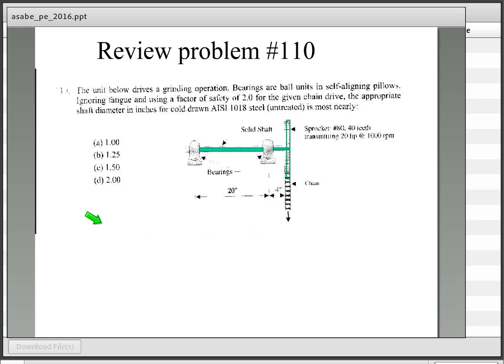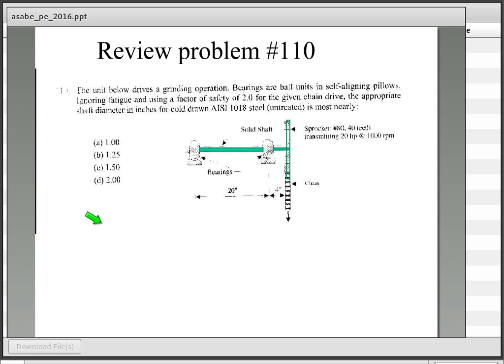Well, that means we've got to know a little bit about some of the basic relationships for horsepower and torque and speed. We need to know something about roller chain because we're probably going to need to know the radius of this sprocket, and it's not given to us here. All we're told is it is number 80 roller chain with 40 teeth on the sprocket.